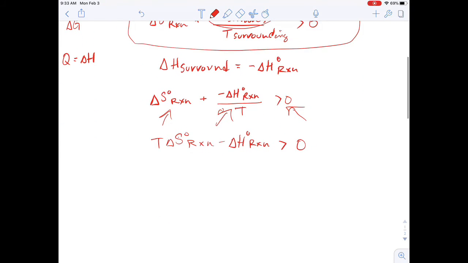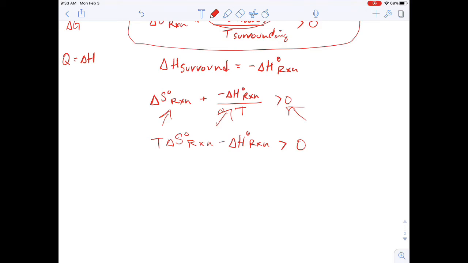So this is still a true statement. We've just multiplied everything by T, but it gets the T out of the denominator and simplifies some things. So if I take the absolute temperature times the entropy of the reaction minus the enthalpy of the reaction, if that's greater than 0, it's still spontaneous.